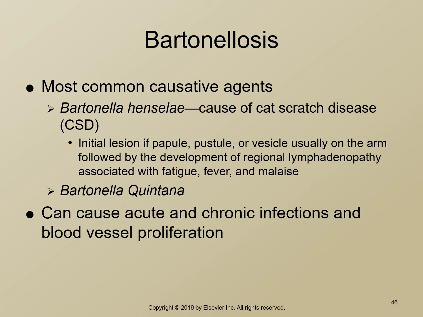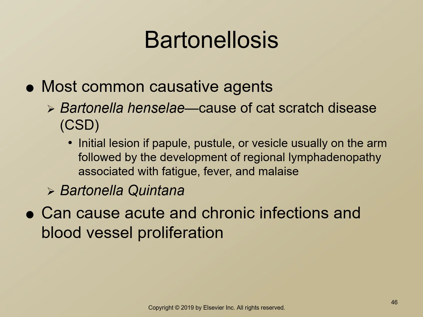Bartonellosis is one infection that we haven't discussed previously, but is an important one to remember because Bartonella is the causative agent of cat scratch disease. Bartonella henselae is a gram-negative bacteria that usually causes self-limiting infections in immunocompetent individuals, but can cause potentially life-threatening infection in immunosuppressed patients.